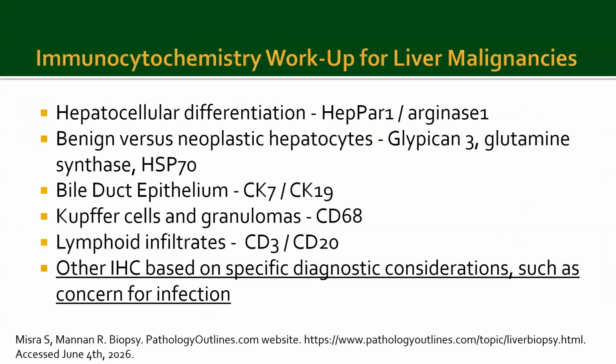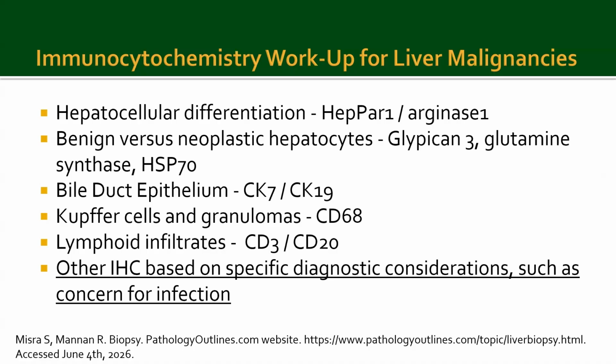Absolutely. Right. And then I briefly wanted to touch on some immunocytochemistry and IHC workups that can be done for liver malignancies if that's what we're suspecting. For hepatocellular differentiation specifically, we'll be looking for HepPAR1 or arginase 1. For favoring benign versus neoplastic hepatocytes, glypican 3, glutamine synthetase, or HSP70 can be used.